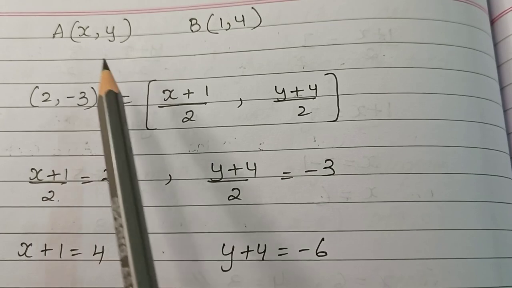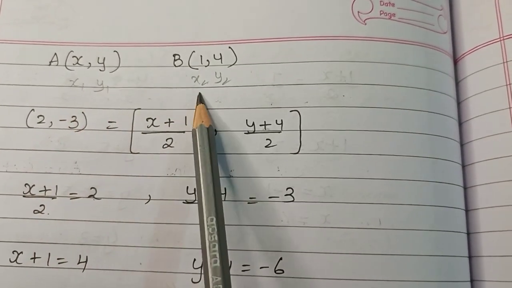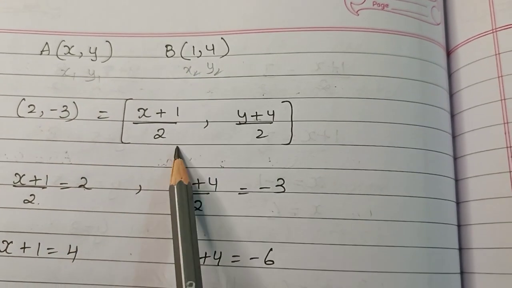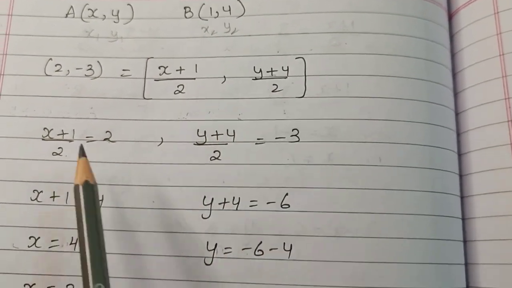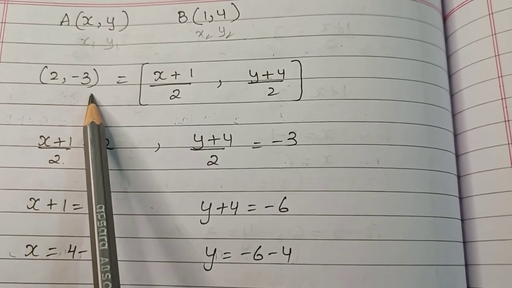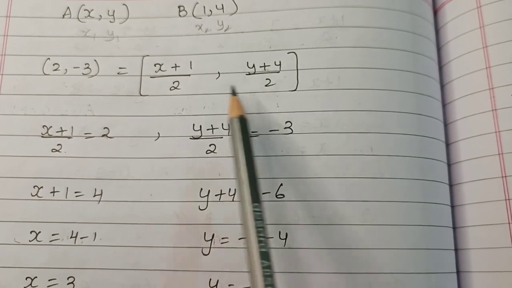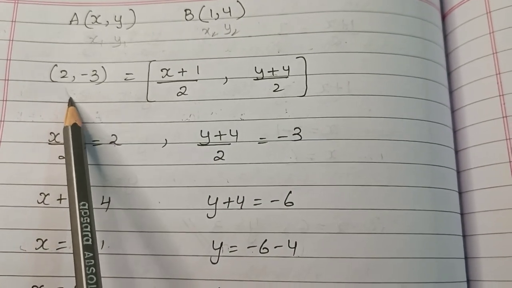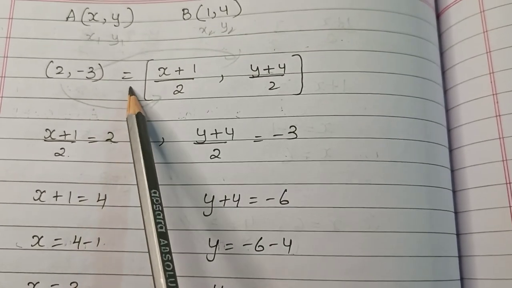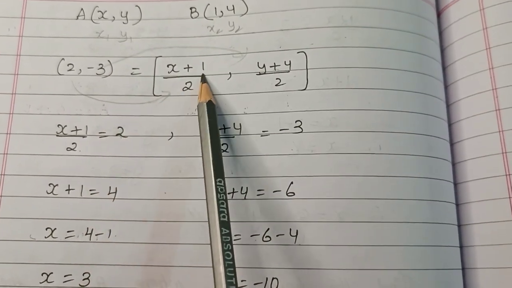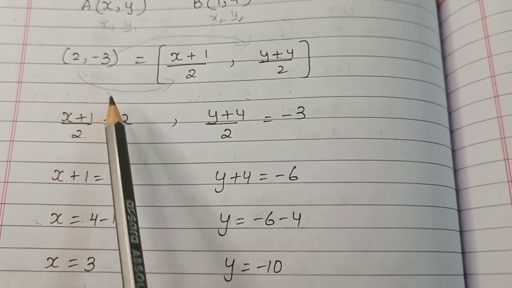So O = ((x + 1)/2, (y + 4)/2), that is (2, -3) = ((x + 1)/2, (y + 4)/2). Now equate first term with first and second with second because of the equal sign. So (x + 1)/2 = 2 and (y + 4)/2 = -3.